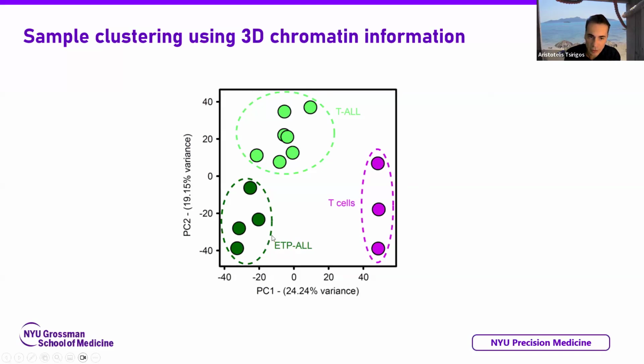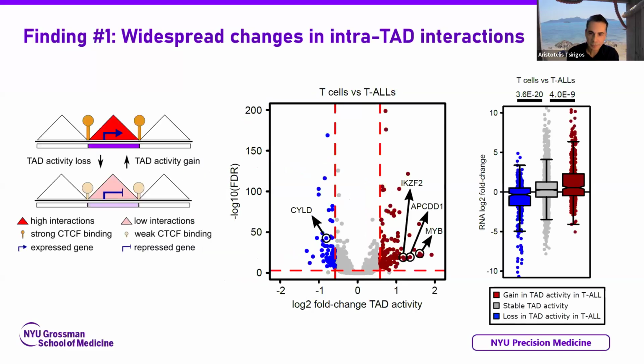So what you can see here is 3 groups of samples, one coming from healthy T cells from donors, another cluster corresponding to specimens coming from canonical T-ALL patients, and another cluster distinct from the previous one corresponding to samples coming from ETP-ALL patients. So what we learned here is that you can use 3D chromatin organization without any information about gene expression to cluster your samples in a meaningful way.